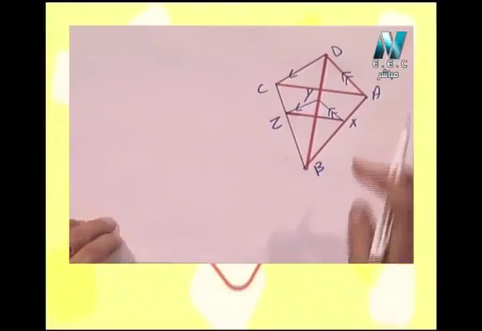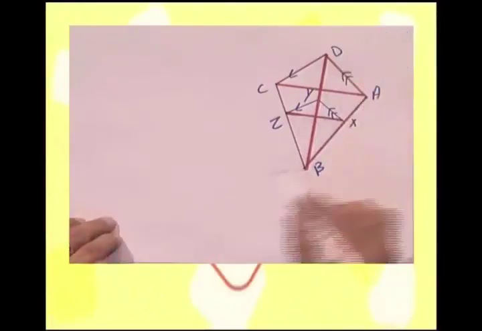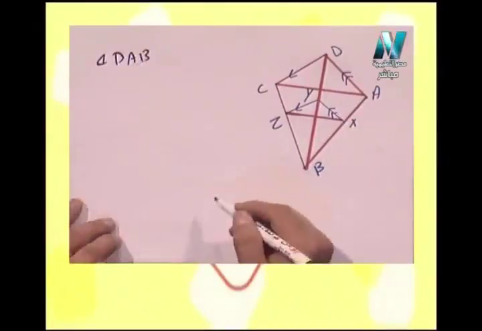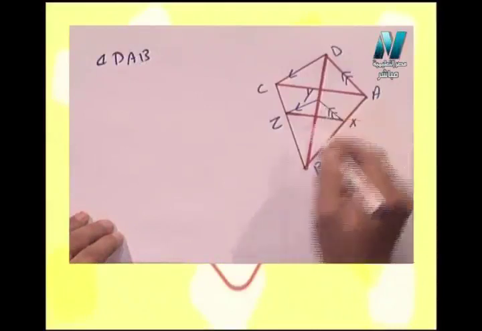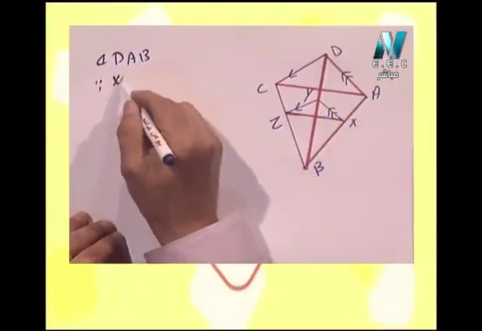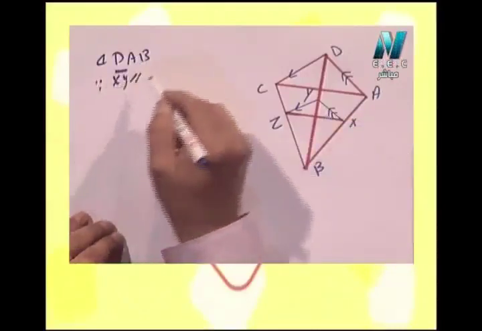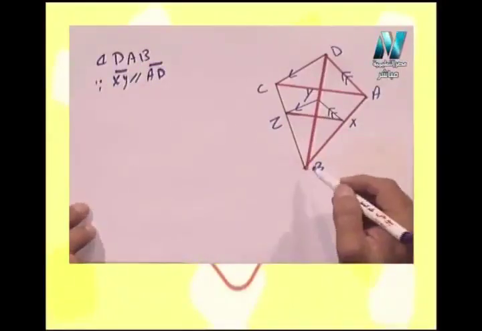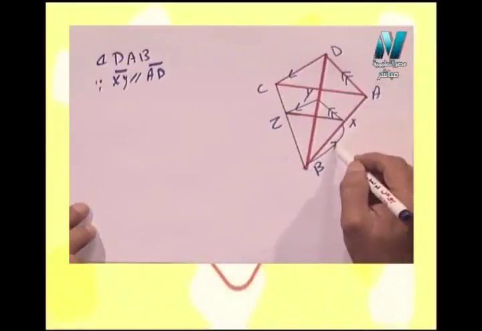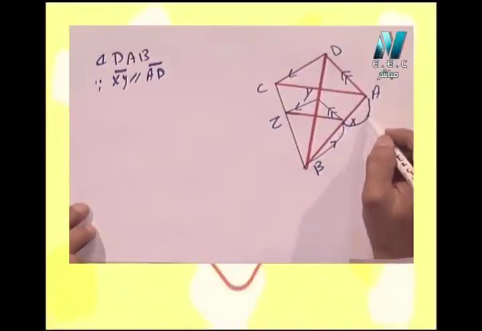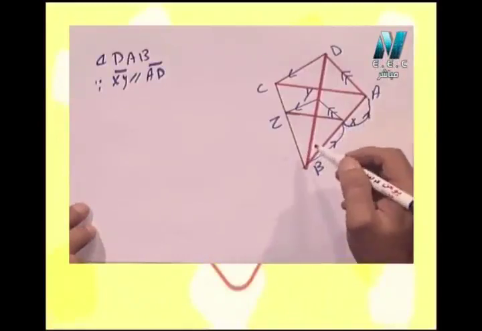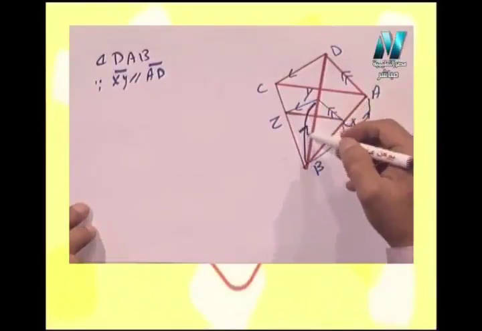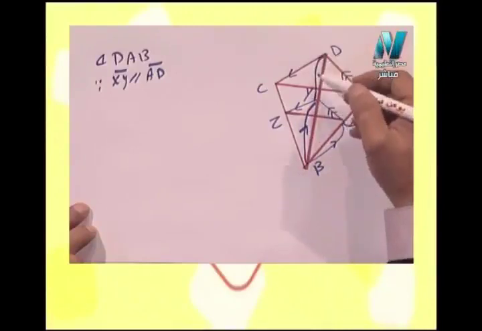We will start first with the triangle DAB. We have XY parallel to AD, so we can easily deduce that BX over XA equals BY over YD.